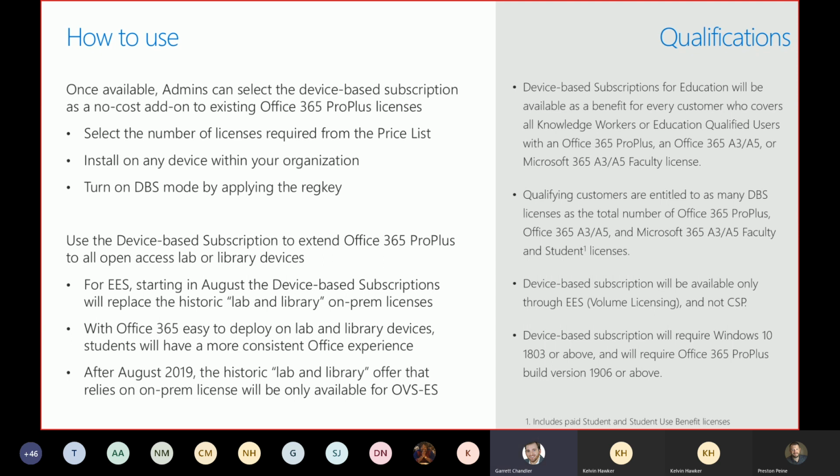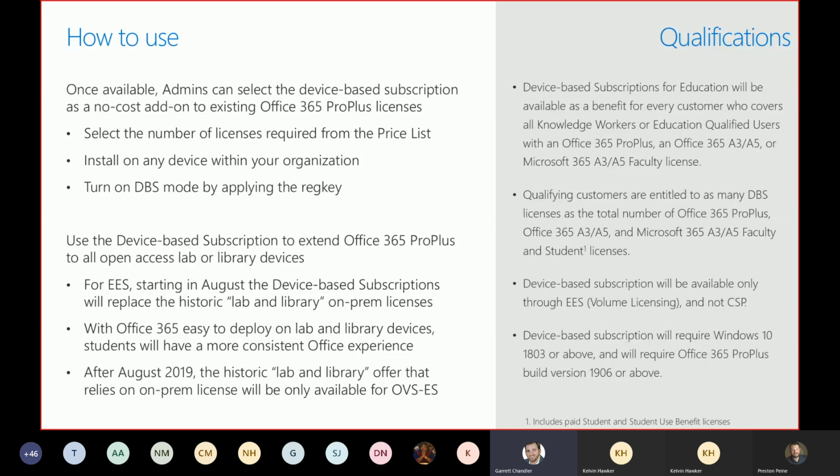Qualified customers are entitled to as many DBS licenses as the total number of Office 365 Pro Plus, Office 365 A3, A5, or Microsoft 365 A3, A5 faculty and student licenses. So however many student and faculty licenses you have, that is how many DBS licenses that you have.